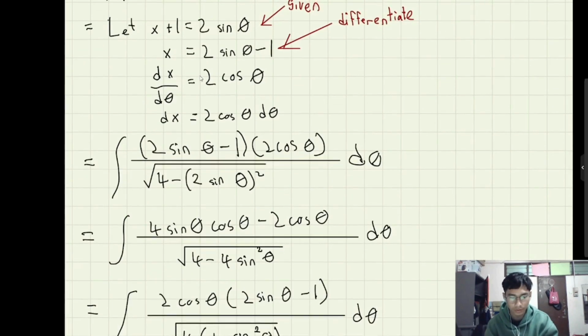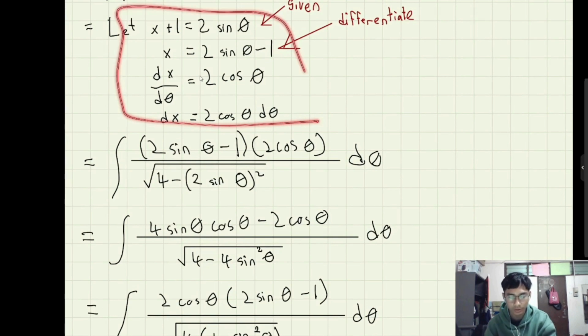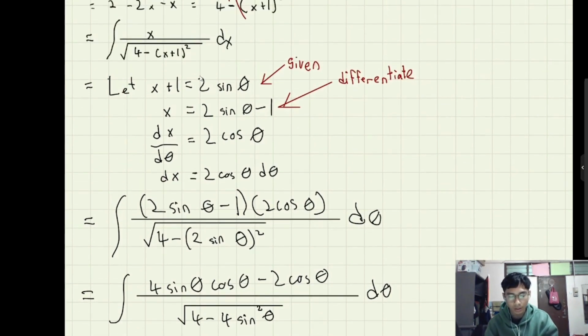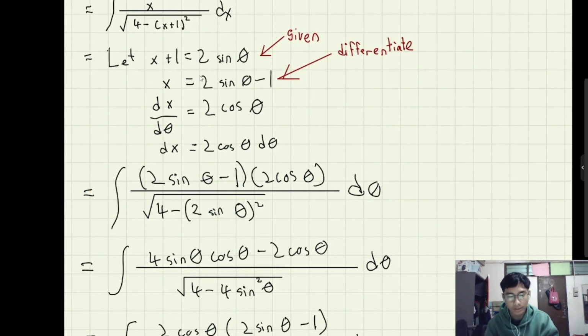After solving all the substitutions, insert them into the equation from before. So x is equal to 2 sin theta minus 1. We substitute it, and then we get this. And dx is equal to 2 cos theta d theta.